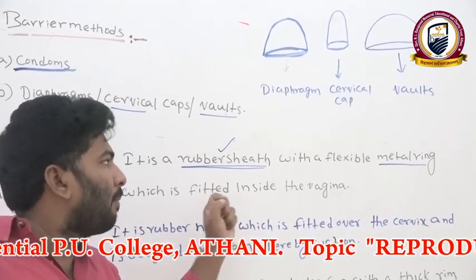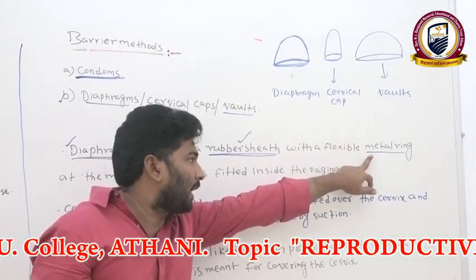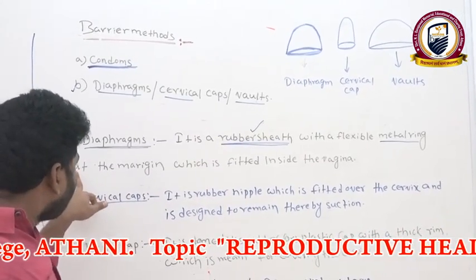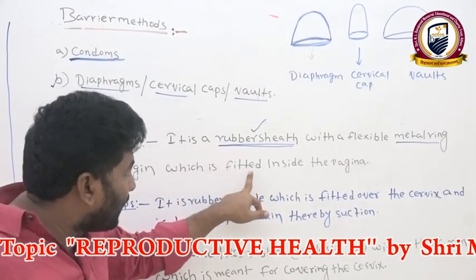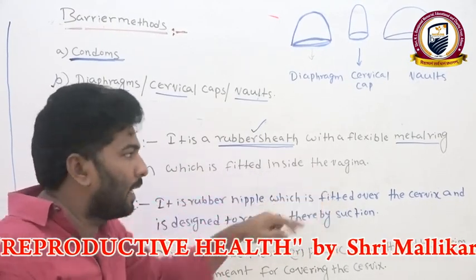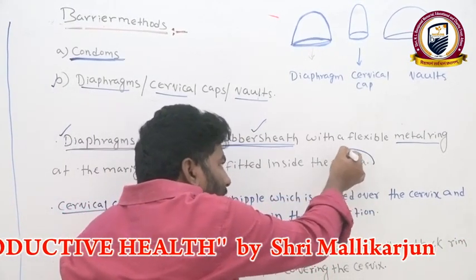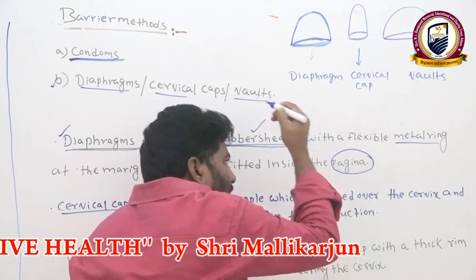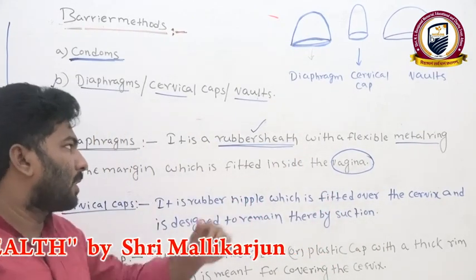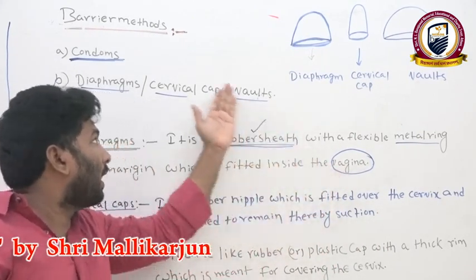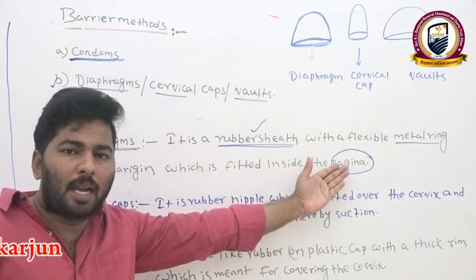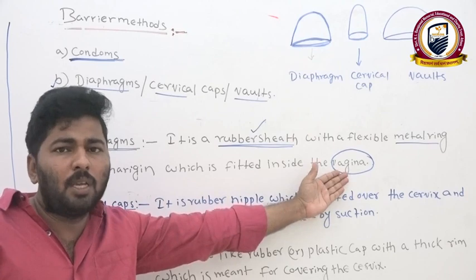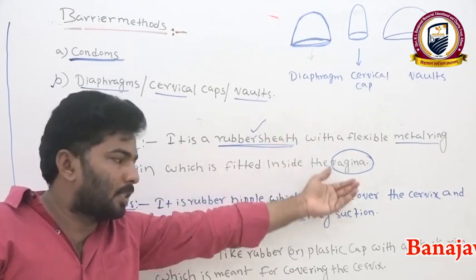At the margin we are putting the metal ring, which is fitted inside the vagina. Obviously, it also acts as a barrier to prevent the entry of semen into the uterus.